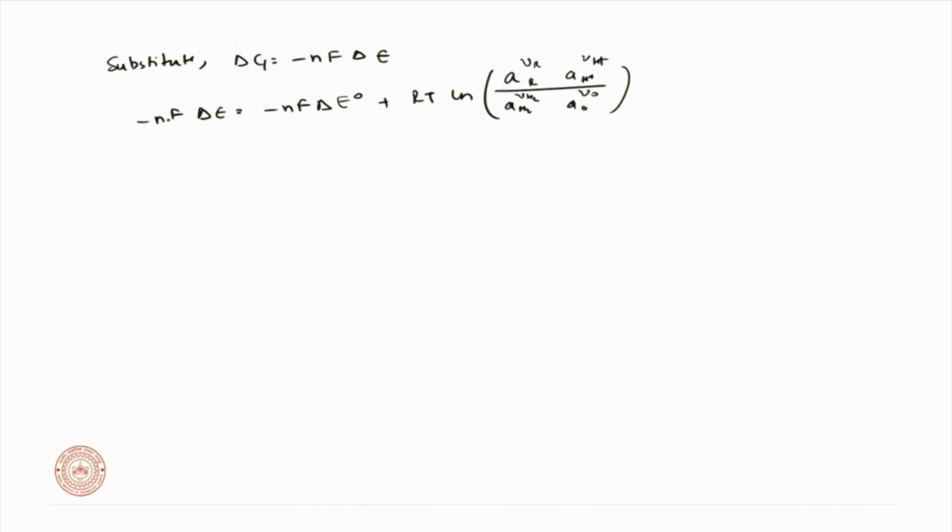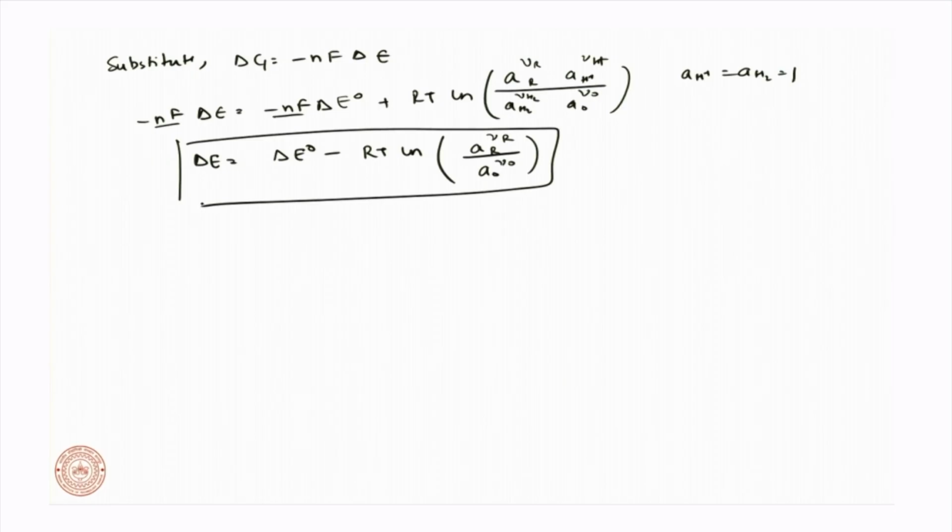We can divide by minus nF throughout, and delta E therefore is equal to delta E naught minus RT natural log. Activity for H plus and H2 is 1. That is the purpose of a standard reference cell, that the activity is 1, that is your half cell part, and therefore you can write a_R^nu_R over a_O^nu_O.